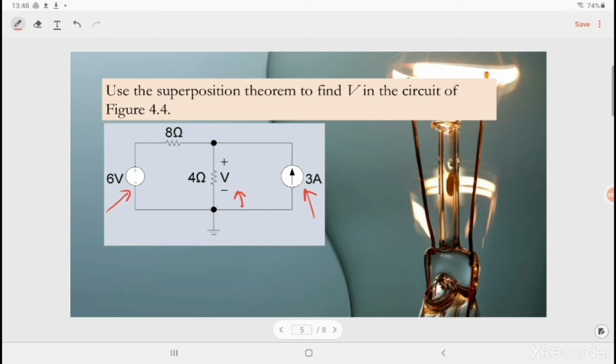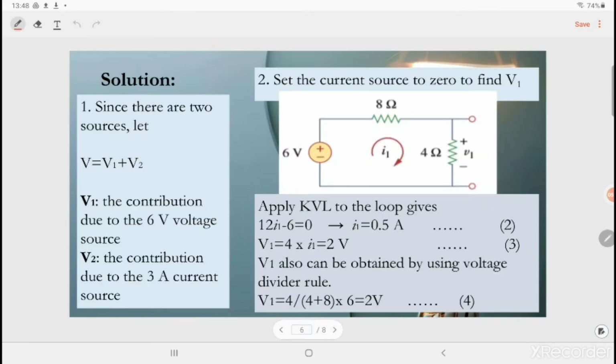Remember, in the superposition theorem, we consider that at one time only one source is active. So this is the solution. Since there are two sources, let V equal V1 plus V2, right?